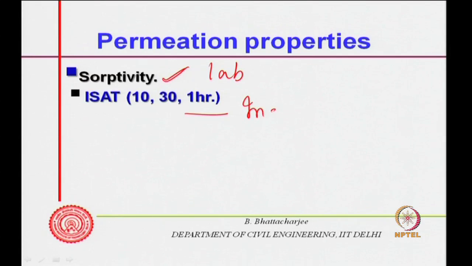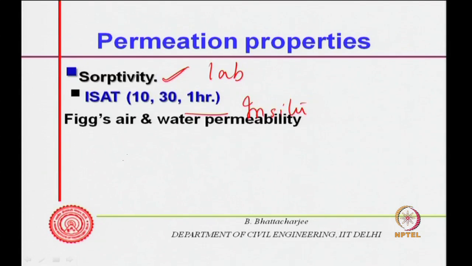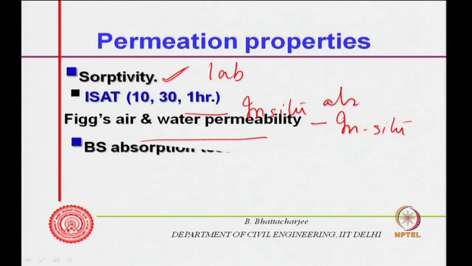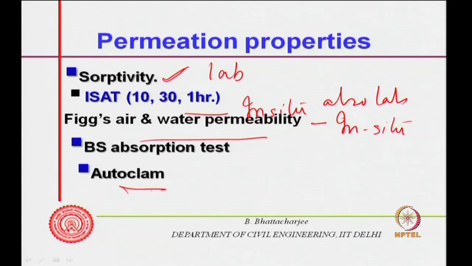This can be done in situ, fixed air and water permeability in situ as well as in the lab both, then also laboratory BS absorption test, take a core specimen and do an absorption test. Now, this all gives us what is called permeation properties, autoclam, and there are many more. There are a number of them, a series of them have been developed at different places, like this is in Belfast, this is the BS absorption test, this is also a BS test, sorptivity originally by Hall, etc.